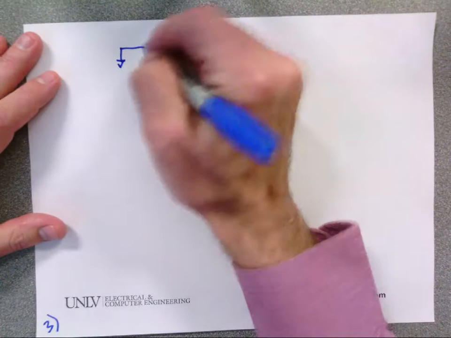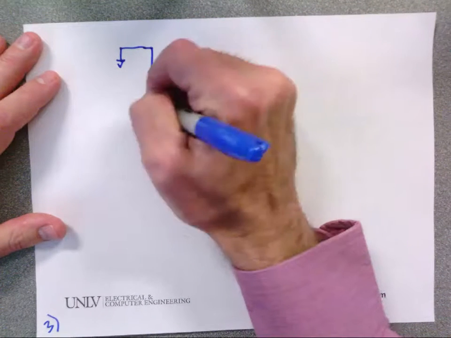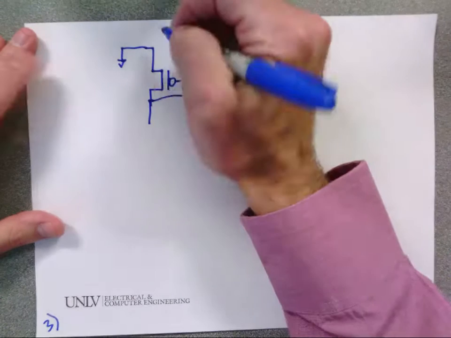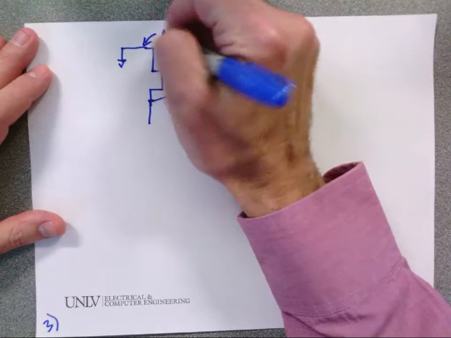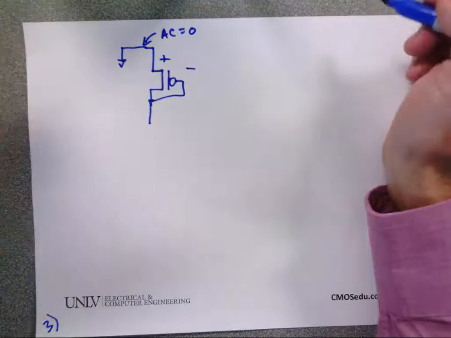I don't like that. Okay, I'm only going to draw the PMOS portion. And this voltage is AC what? And what do I call this voltage for AC?